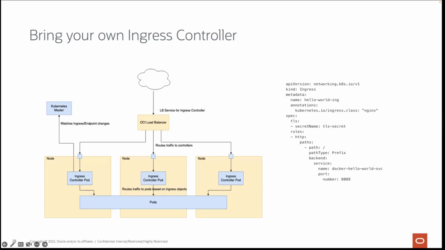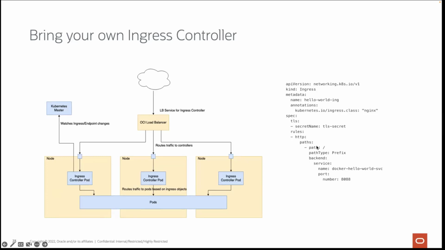Now, the Ingress controller deployment pods that you see right here, pod 1, pod 2, and pod 3, are deployed on different worker nodes. Whenever there's traffic coming from the internet, they receive that traffic from the load balancer. The routing decisions are made based on the ingress resources that you define in your Kubernetes.